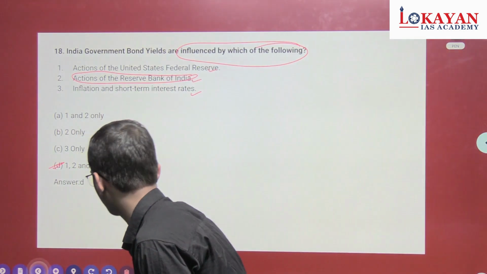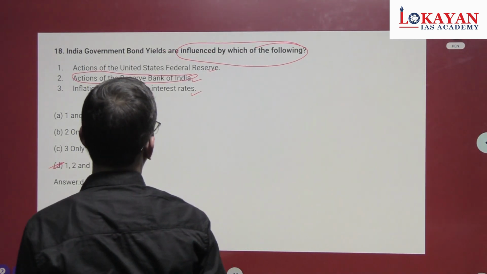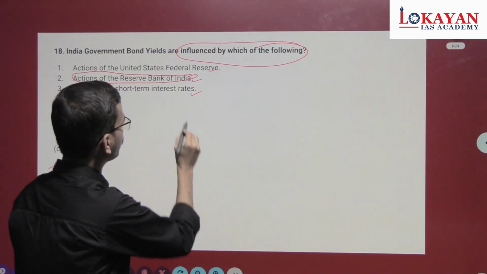Okay, suppose RBI is following expansionary monetary policy.